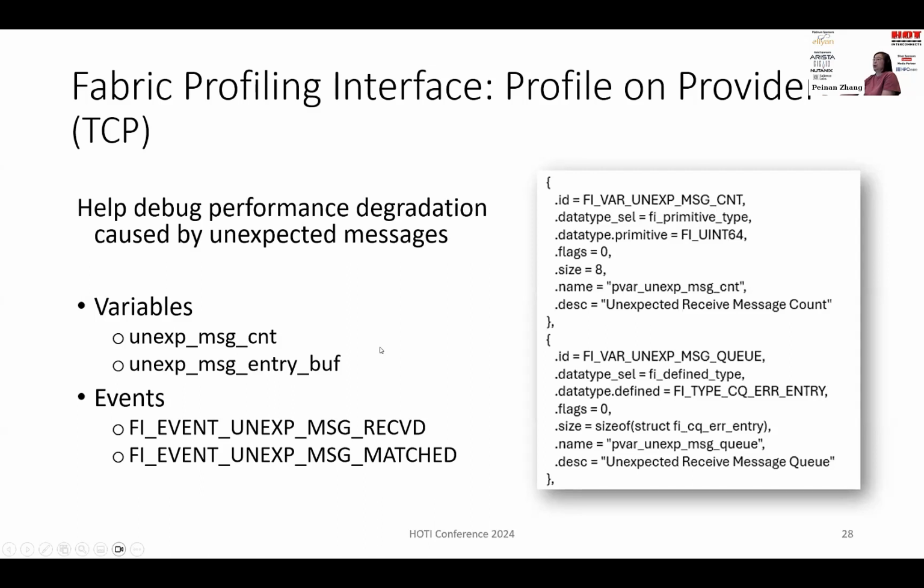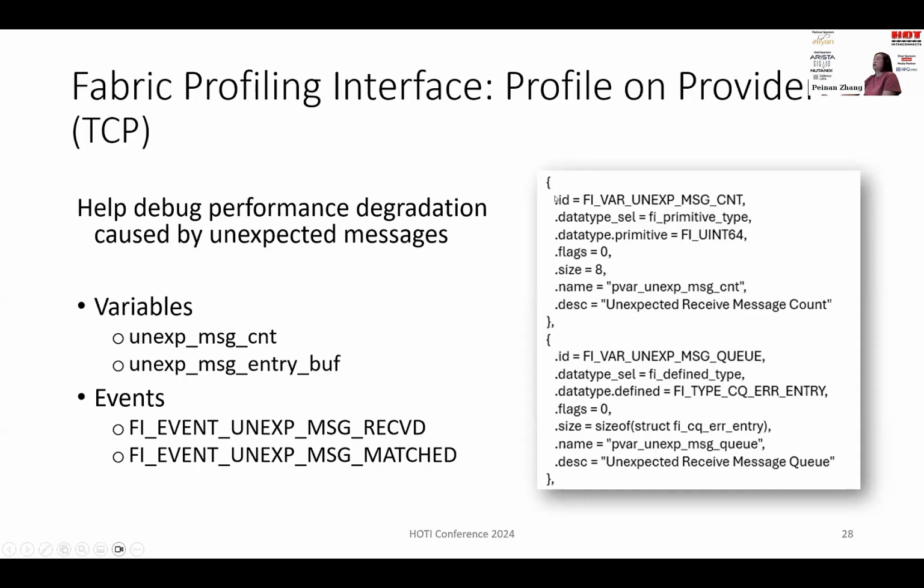Once a new posted receive request is issued from the application, the provider will check the entry buffer first. If a matched message is found, the message will be removed from the buffer, passed to the application, and the count will be decreased. The provider also defines two events, unexpected message received and unexpected message matched, to indicate these two situations.